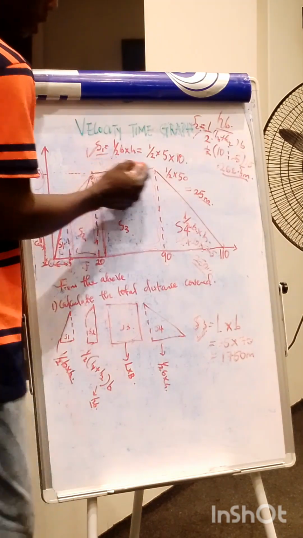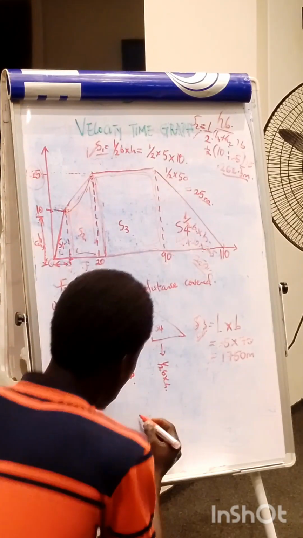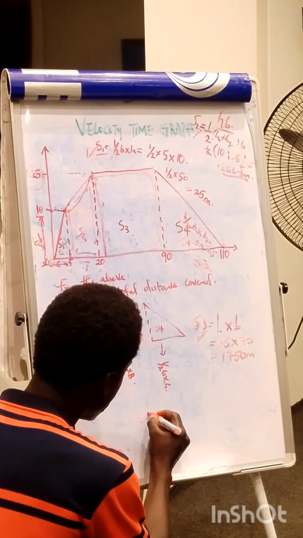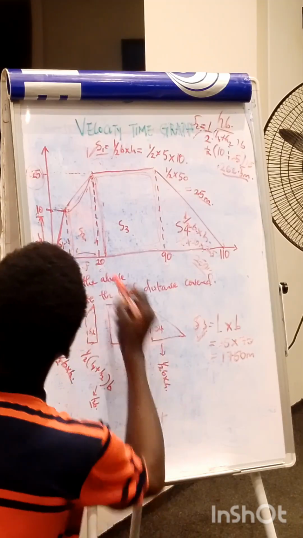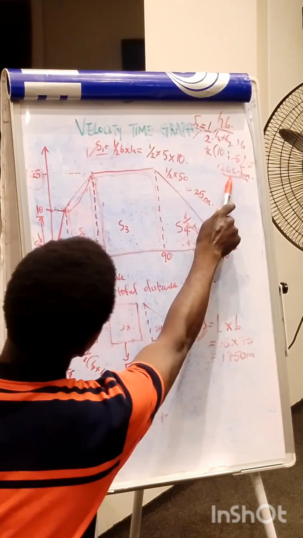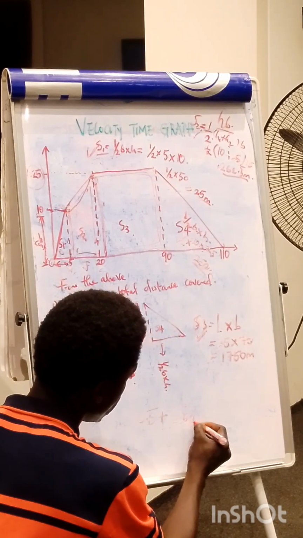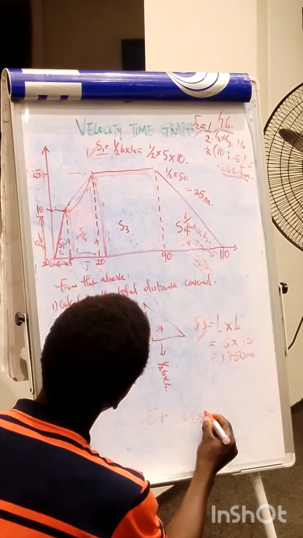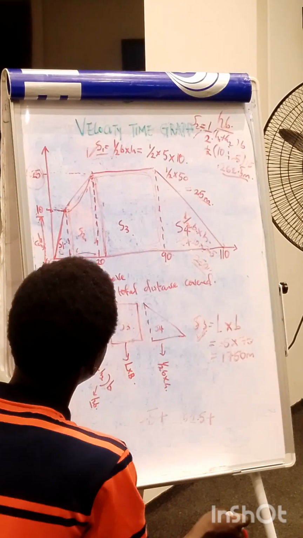This is my S1. Your S1 is 25. So that means my 25 plus my S2. This is where we solved for S2, and it is 262.5.